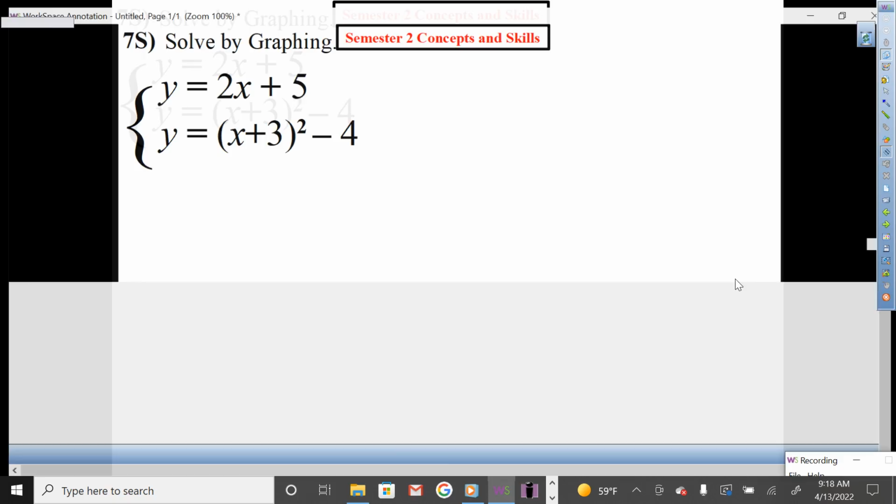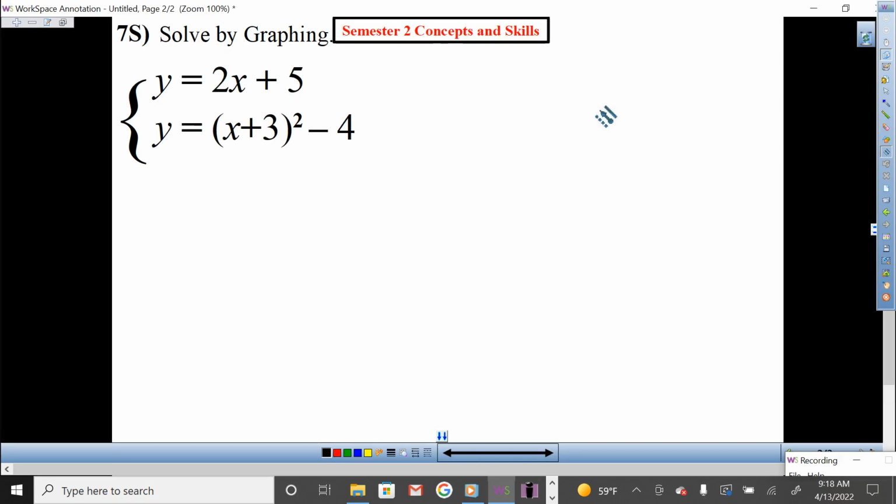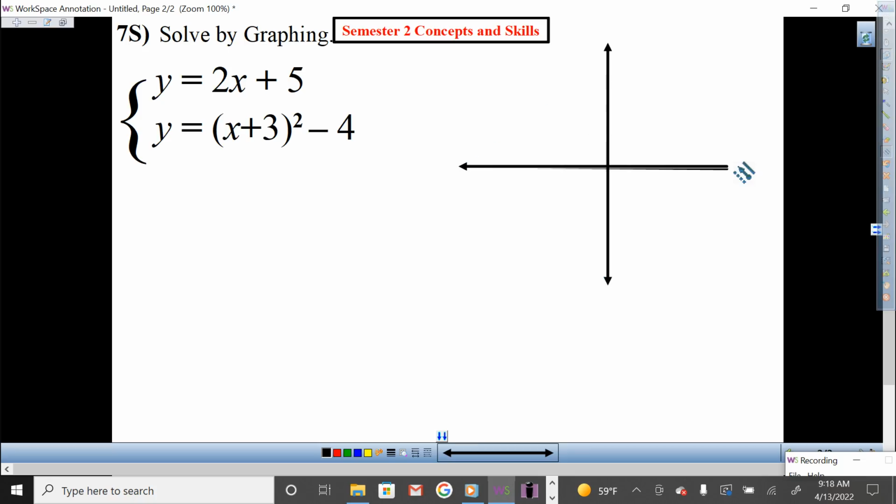And you already have your coordinate plane ready in the study guide, so I want you to go ahead of me and do that by yourself. Graph the linear first.